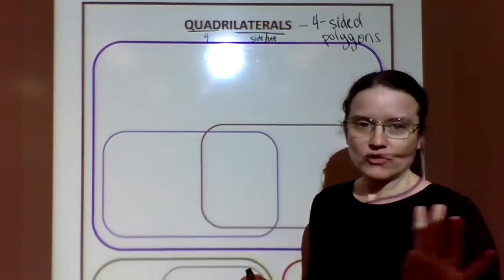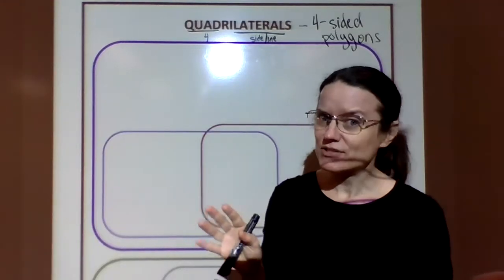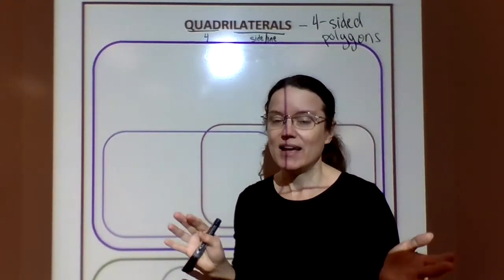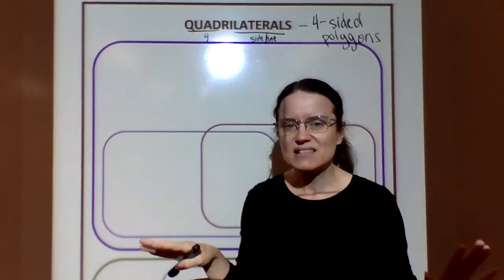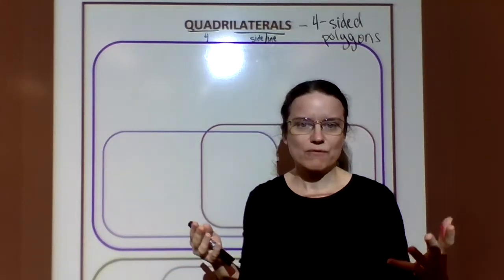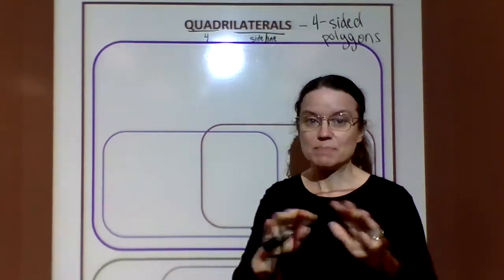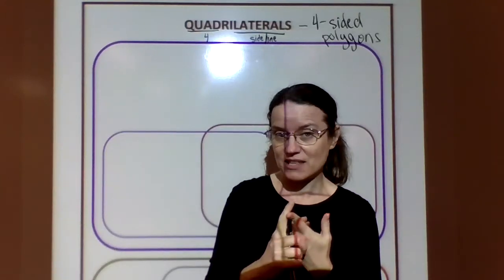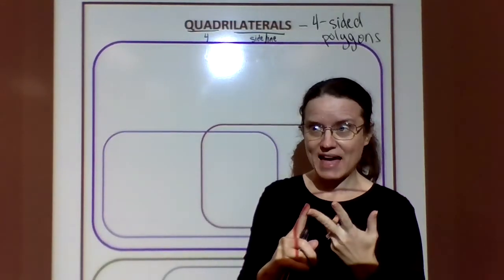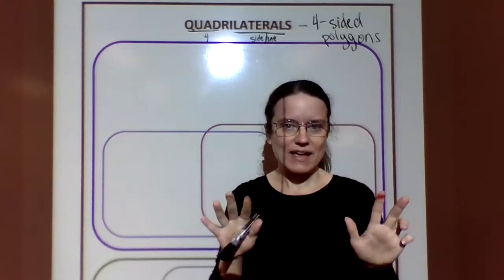Okay, so we've got our quadrilaterals, and so you think, well, there's a whole lot of ways you can draw things with four sides. And so we start off with the most basic, generic, think of a thing with four sides, but nothing special. So it doesn't have anything that's the same length, and it doesn't have anything that's parallel or anything like that.